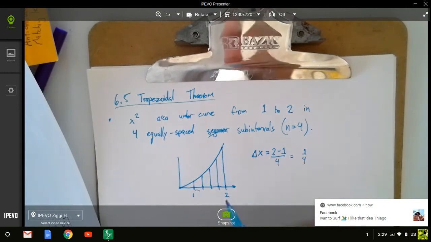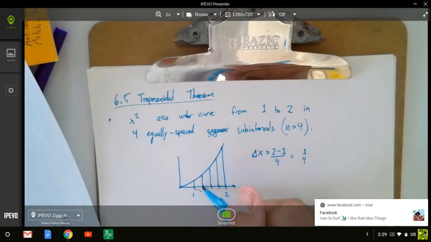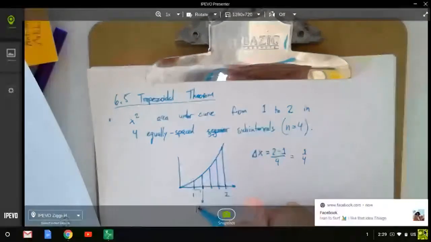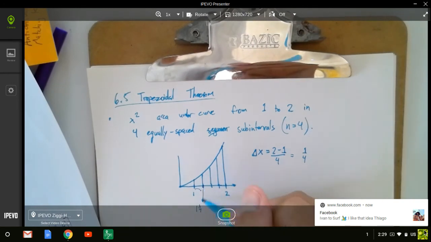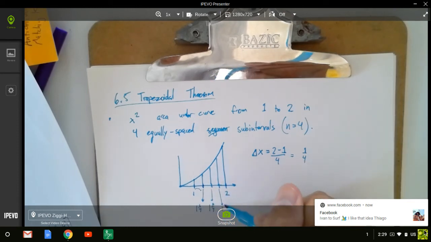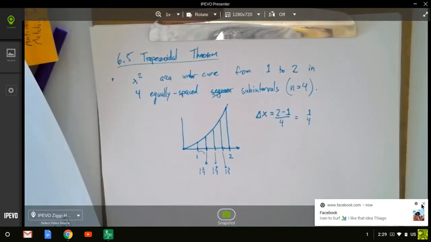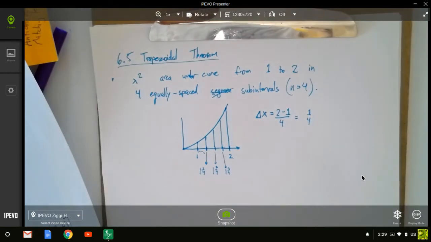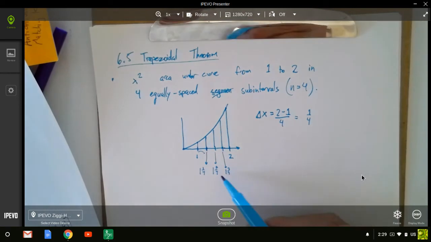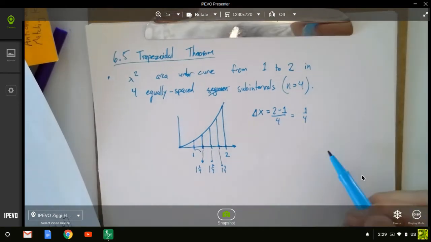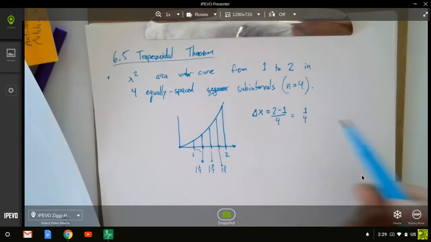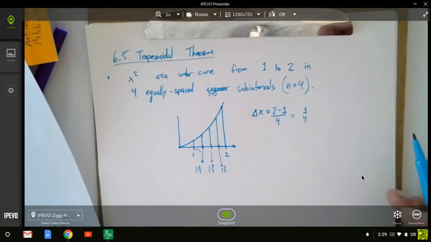So this x coordinate should be 1 1/4, this x coordinate could be 1 2/4, and this x coordinate could be 1 3/4. Does that make sense? Like 1.5, you mean? Yeah, this would be 1/2. Well, this could be 5/4 if you want. Why not?